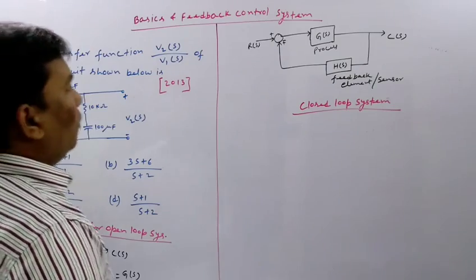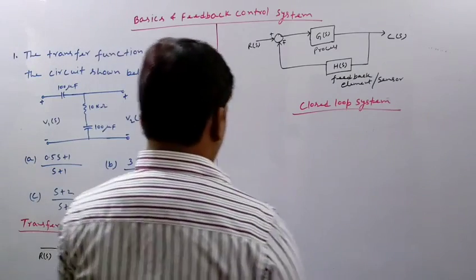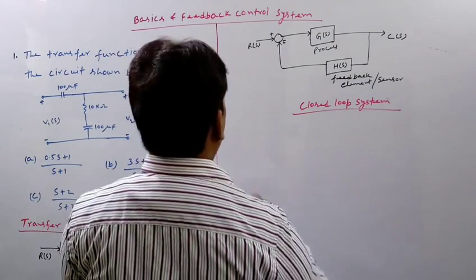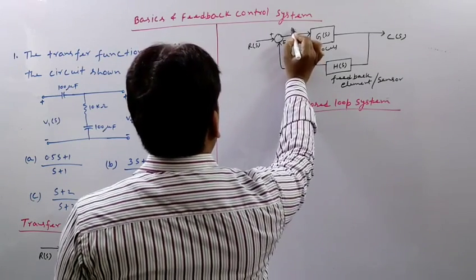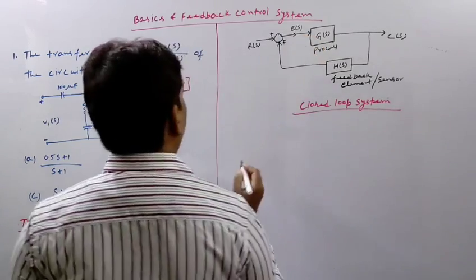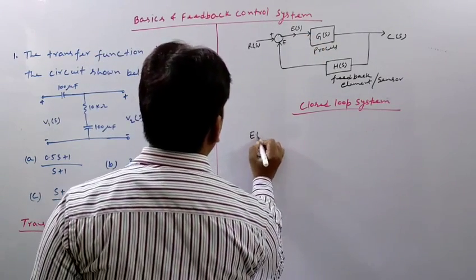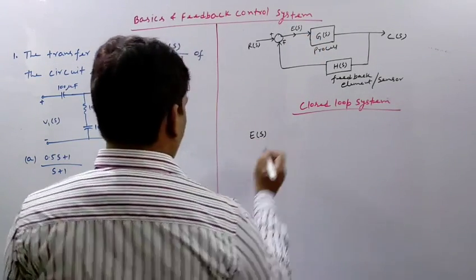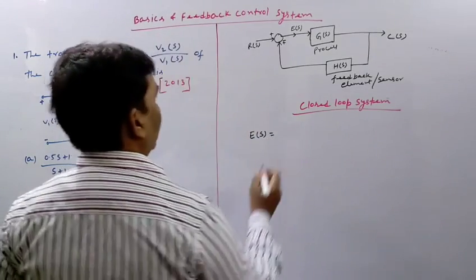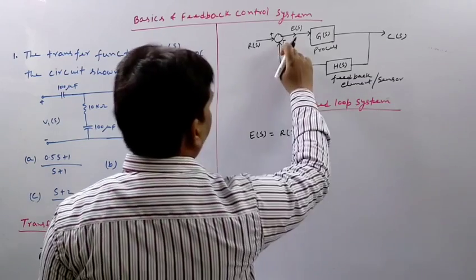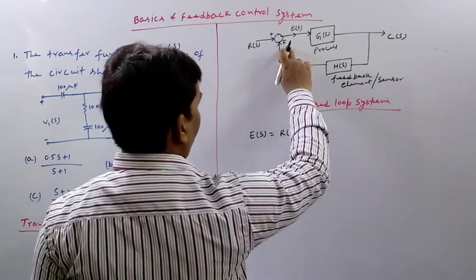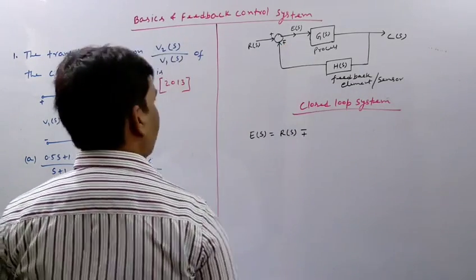So now we can write, suppose this quantity is called error ES, and what will be the error ES? So error ES will be nothing but RS minus plus, because we have written this is minus plus, so RS minus plus.